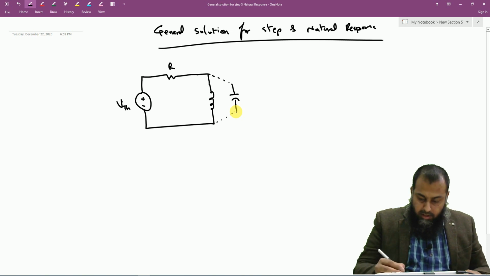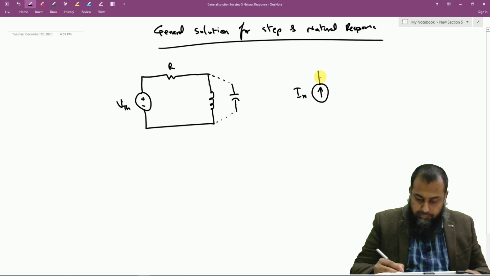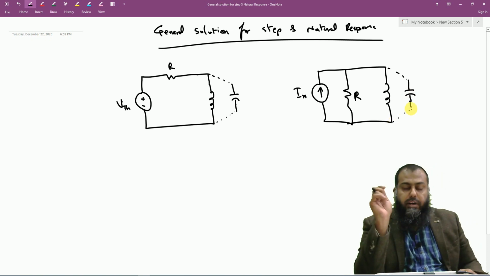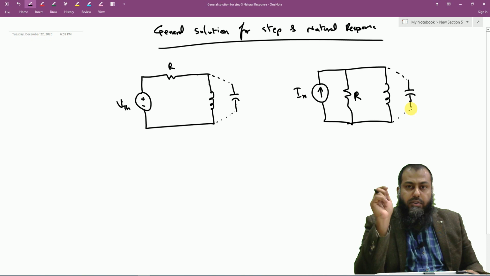Then we may have a shape where we have the Norton current and the resistance R alongside the capacitor or the inductor. So there are four possibilities for a first order circuit.